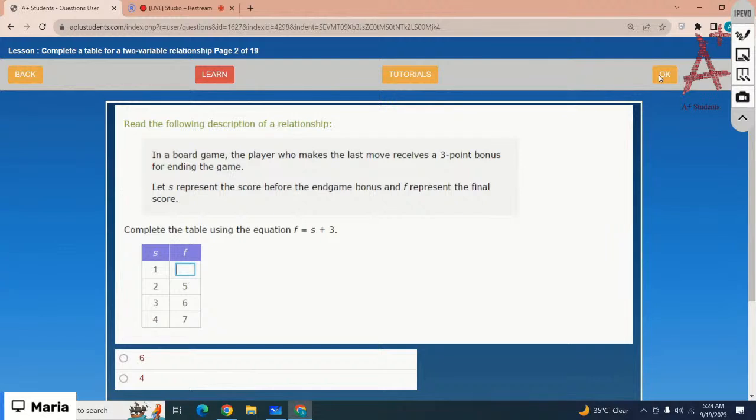So which is the correct option? Which value is missing? That means you have to add 3 to each S value to calculate the F value. S is 1, so 1 plus 3 is 4.